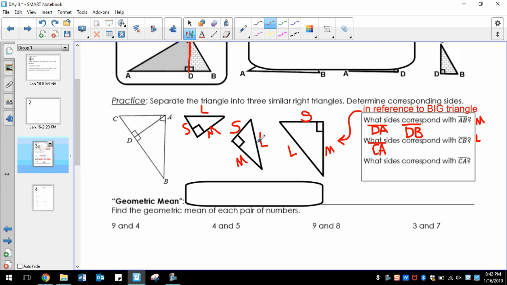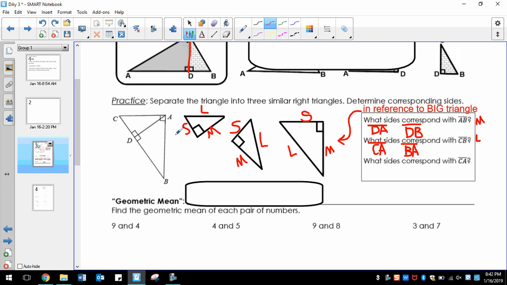And then in this triangle, the longest side is this one right here, which corresponds to BA. Sorry, yeah, BA. There we go. All right, so again, you're just checking to see what side in the bigger triangle you're looking at, and then you match it up with the sides in the other two triangles.